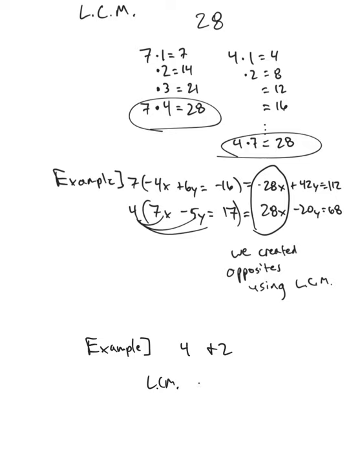It's actually going to be 4. Okay? You think about 4 times 1 is 4. 2 times 2 is 4. So that's the least common multiple, is 4.